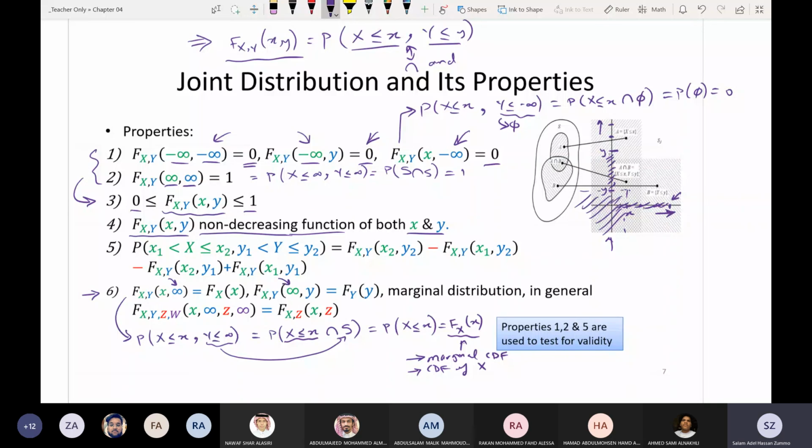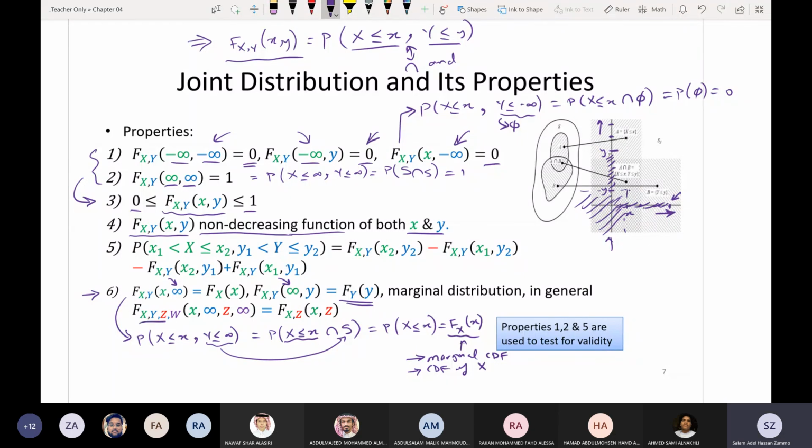Similarly, if we put infinity in the x location, then this gives you the marginal in y, F_Y of y. Clear?